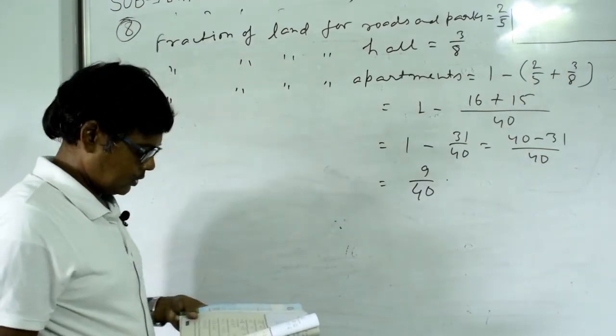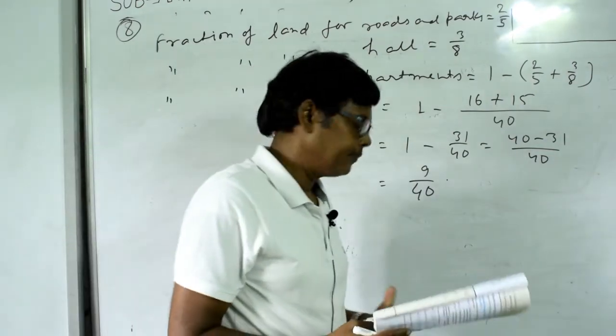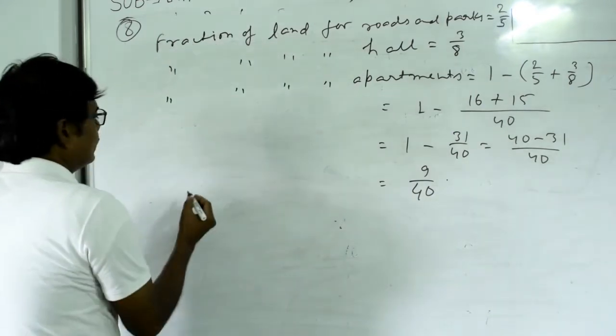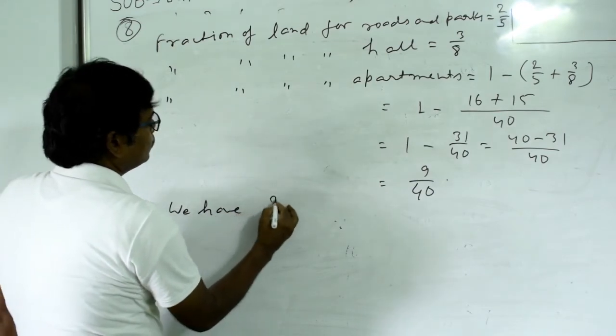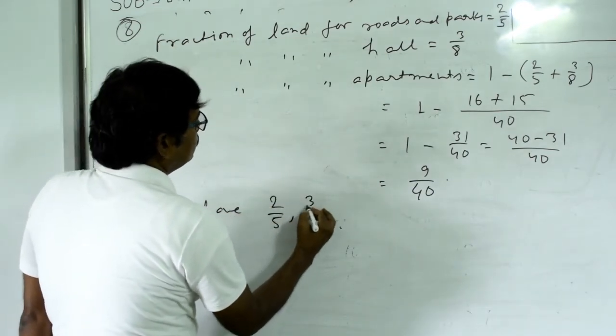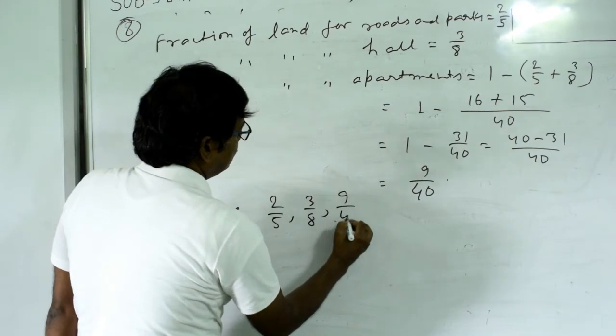Which of these gets the maximum portion of the land? Now we have the fractions 2 by 5, 3 by 8 and 9 by 40.